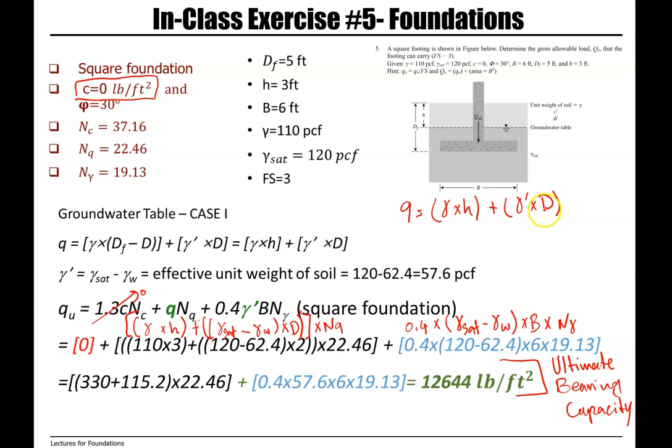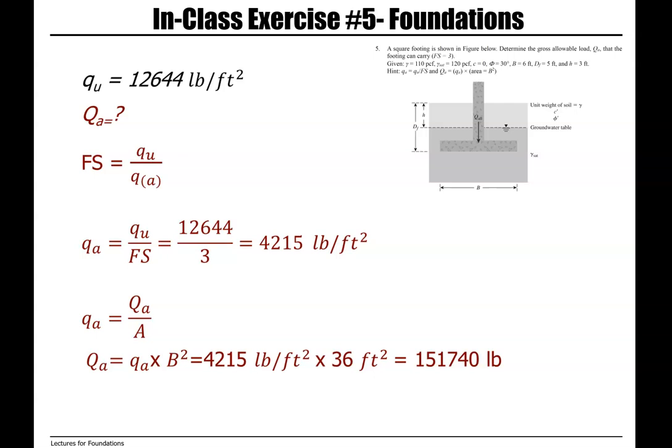The question is asking for QA. So we need to calculate allowable bearing capacity. Allowable bearing capacity, or QA, is equal to ultimate bearing capacity divided by factor of safety.